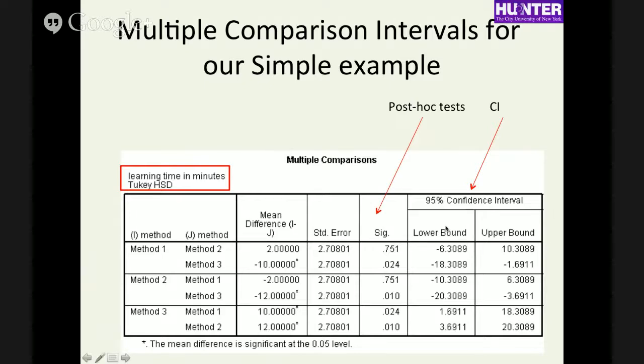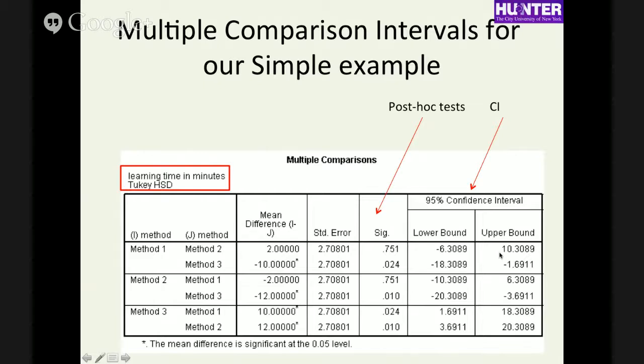Alternatively, the other way is with the confidence intervals. These are confidence intervals on the difference in means. So the difference in means between 1 and 2 is 2, and then the margin of error is about 8, or about 8.3. So the upper bound on the confidence interval is 2 plus 8.3 is 10.3, and the lower bound is 2 minus 8.3 is minus 6.3.